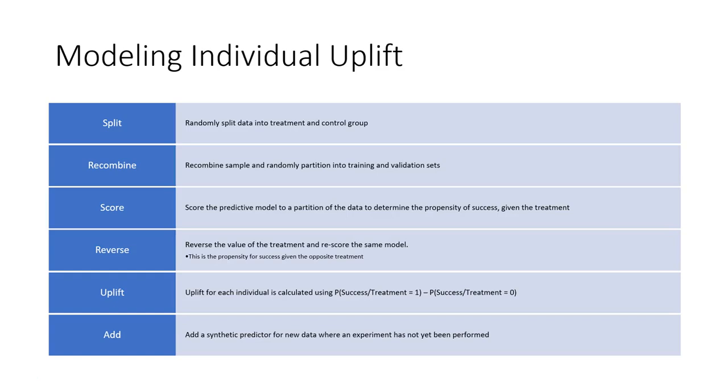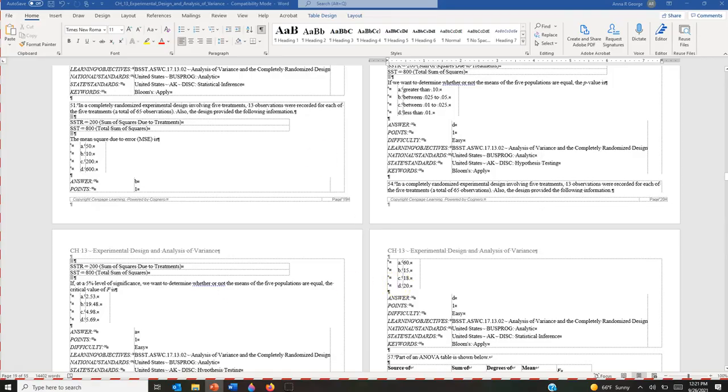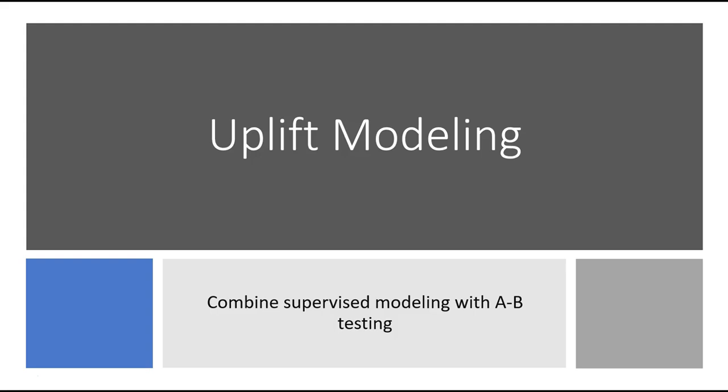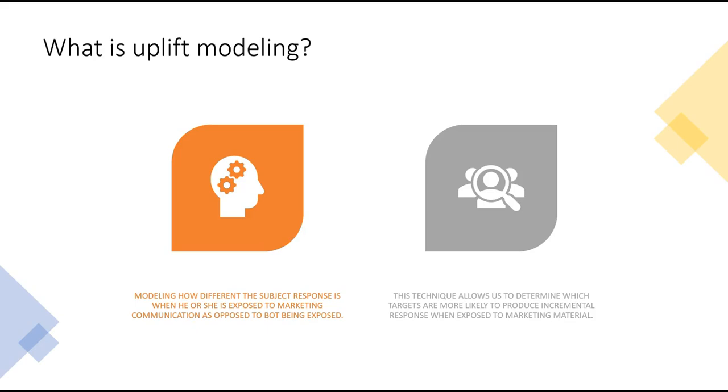All right, shoot. So the topic of this discussion is uplift modeling, which is basically when you combine supervised modeling with your traditional research A group, B group testing approach. So uplift modeling allows for us to get away from our traditional experimental approaches and go more towards a customized approach for your customers.